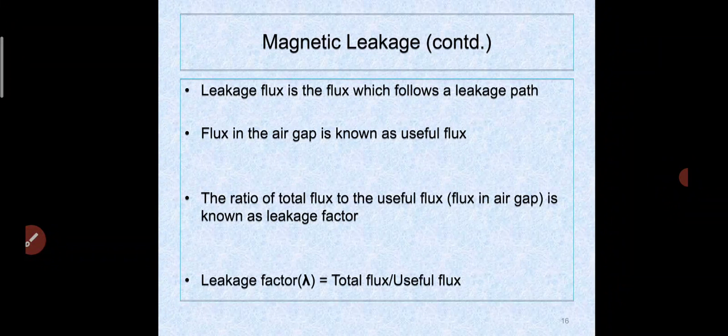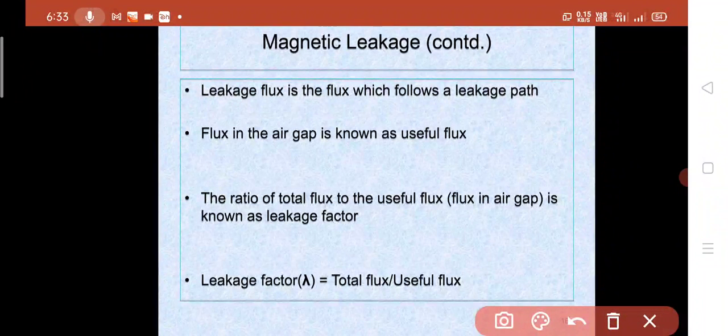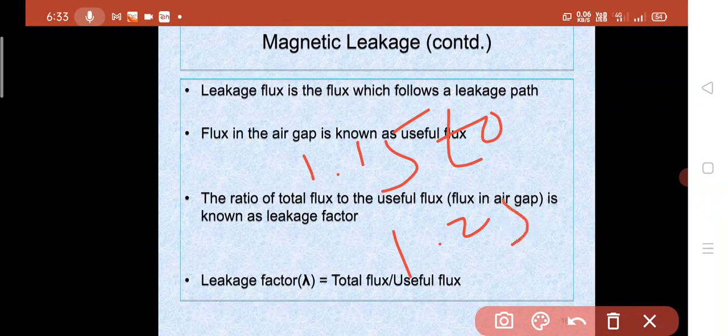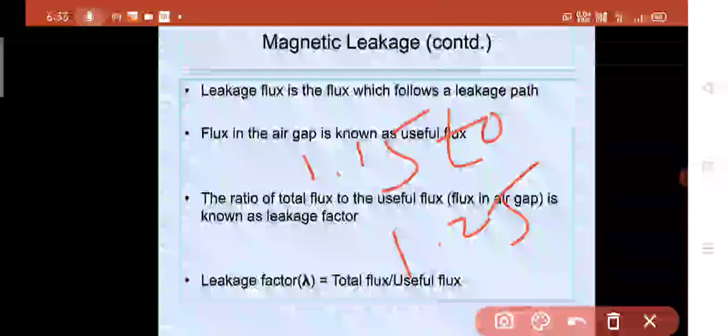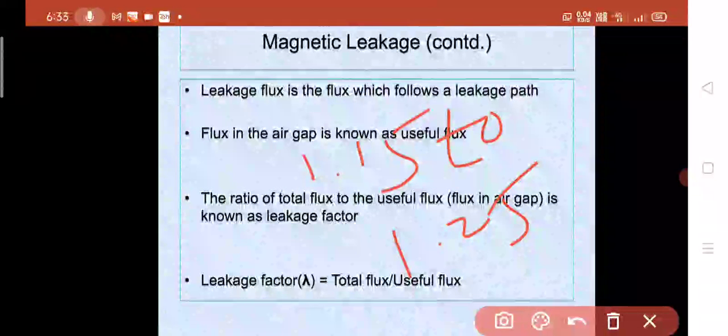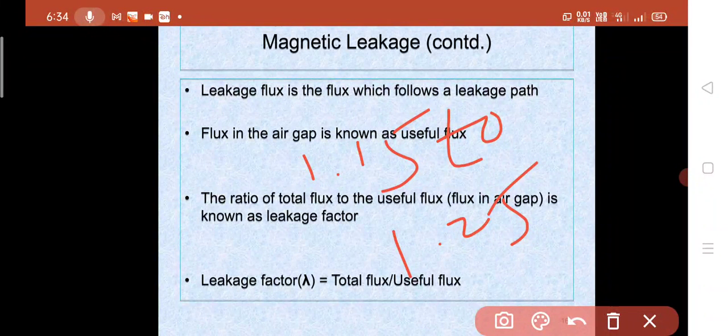For modern electrical machines, its value is usually about 1.15 to 1.25.